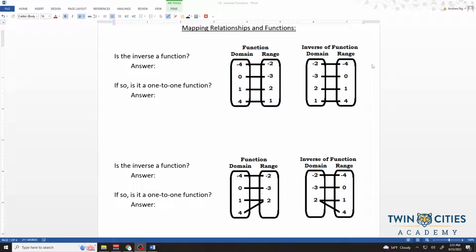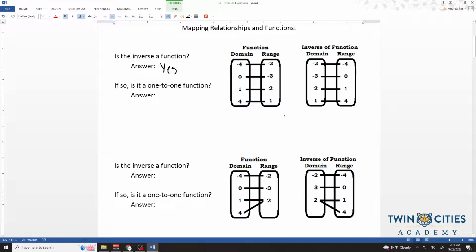And I'm asking, is this a function? Well, yes, this is a function because it matches the requirements of a function. Each element in the new domain is only paired to one element in the new range. -2 is only paired to one thing, -4. -3 is only paired to one thing, 0. 2 to 1, 1 to 4.